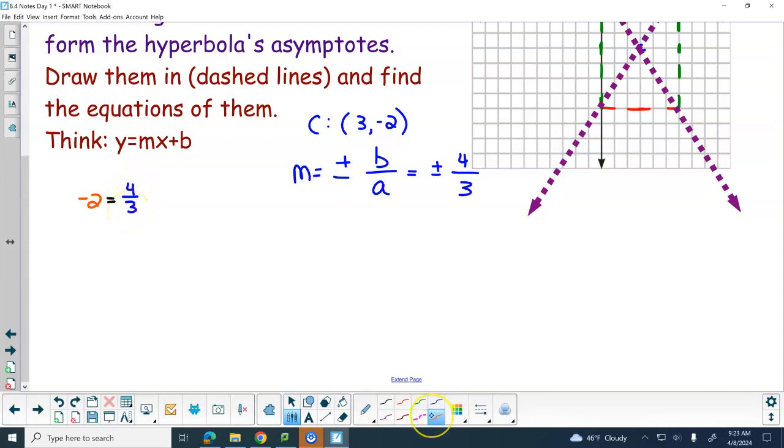It's got an x value of +3. And I need to find the b value for that. At the same time, I'm going to set up my other one. The only thing that changes is now, instead of positive 4/3, it is negative 4/3.